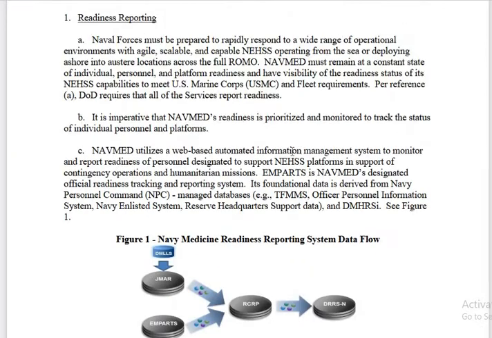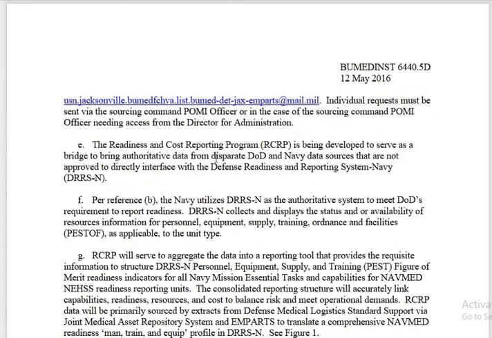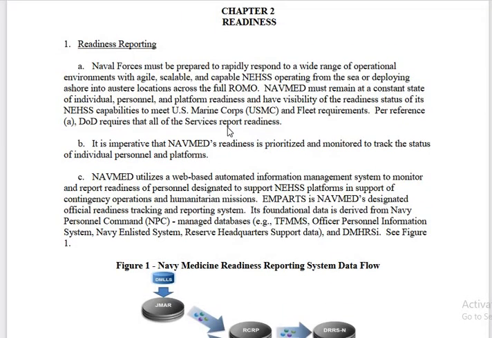But then it defines MParts as the NAVMED's designated official readiness reporting and tracking system. So you see the difference? This one is NAVMED. This one is DoD. I think that is the big distinction that I'm going to remember, the keyword. So MParts, NAVMED.